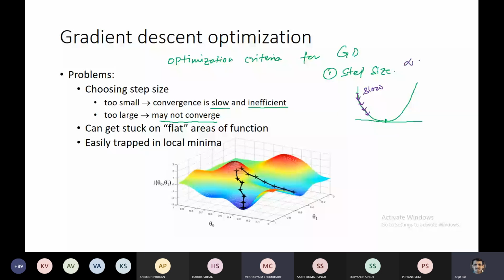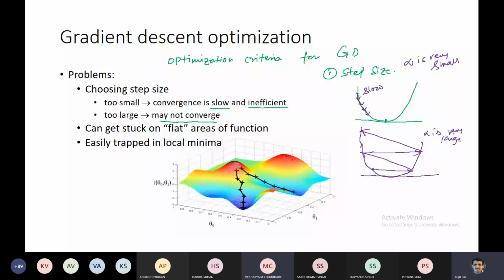So when alpha is very small, it is slow and inefficient. On the other hand, when it is too big, maybe it is here, it goes there, there, and there, so it may not converge. Something like that, when alpha is very large.